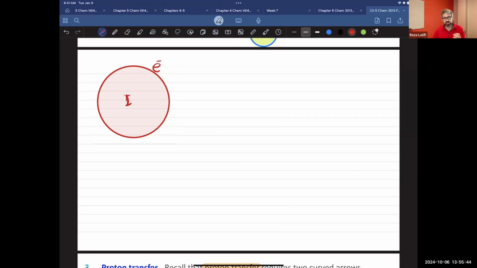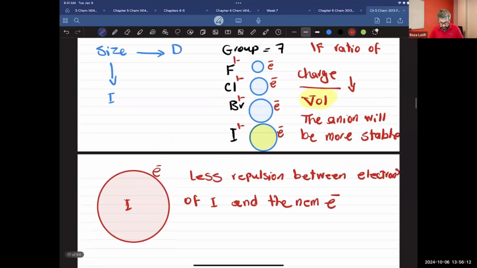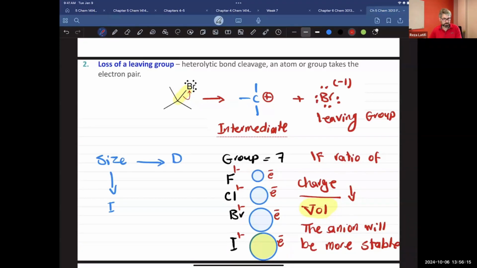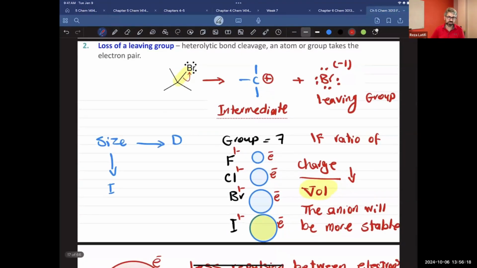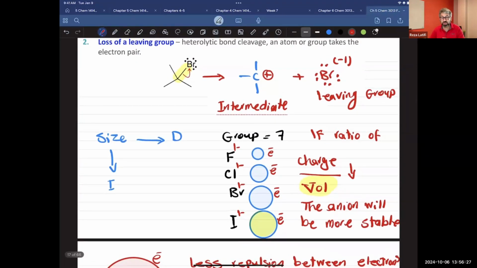We get less repulsion between the electrons of iodine and the new electron, and if you get less repulsion, the system will be more stable. That's one. Bromide is more capable of handling the charge than fluoride, and chloride is better than fluoride. So between this group, iodine is the best and fluorine is the worst.